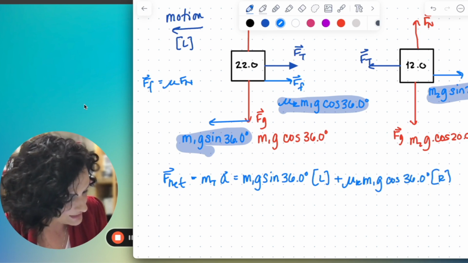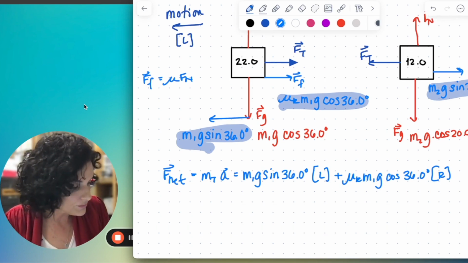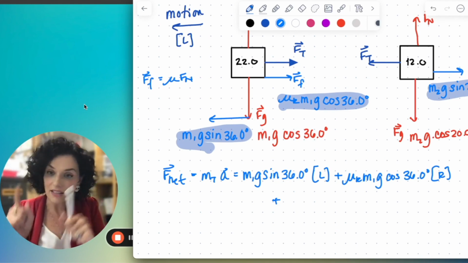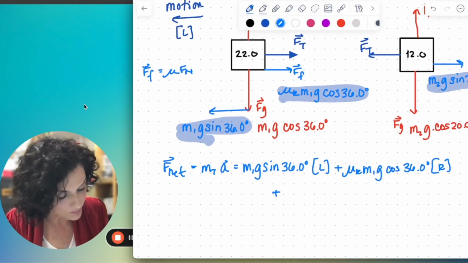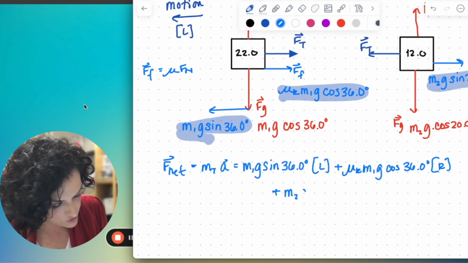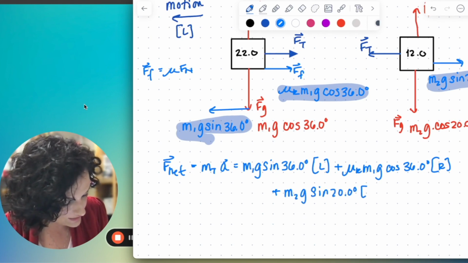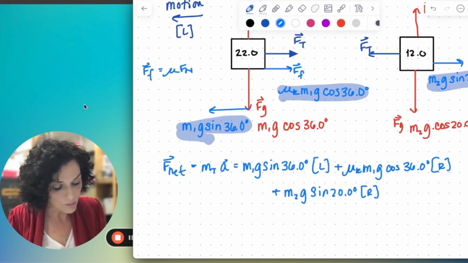That's moving towards the right. And then we have one more that's on my M2. So that is M2G sine 20 degrees, and that is also moving towards the right.